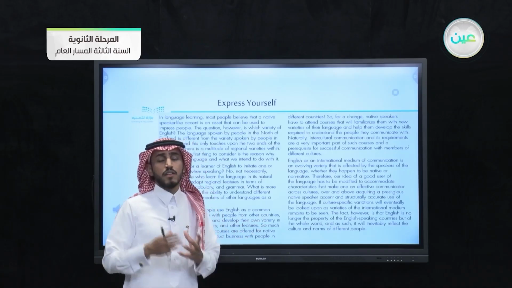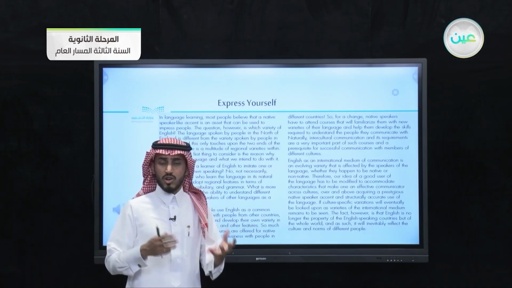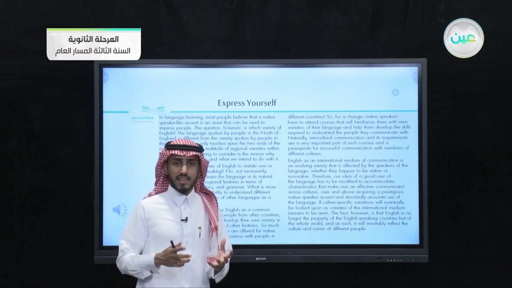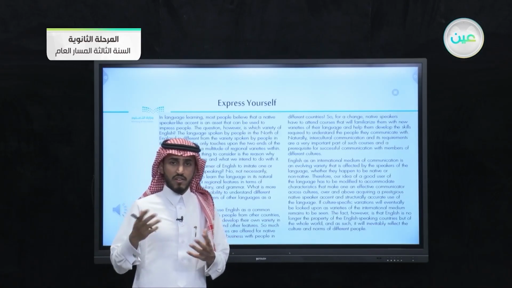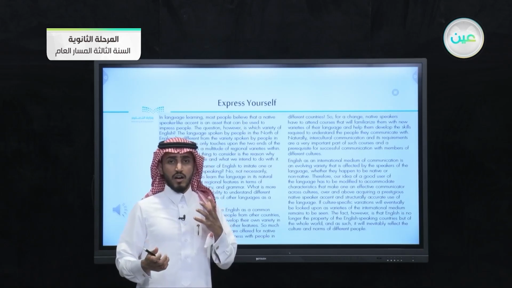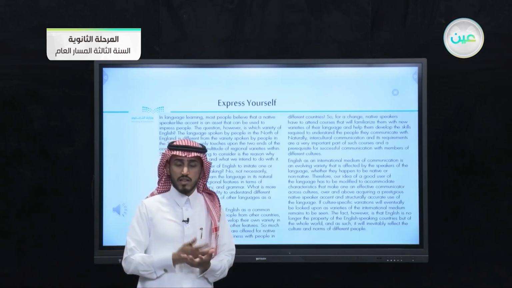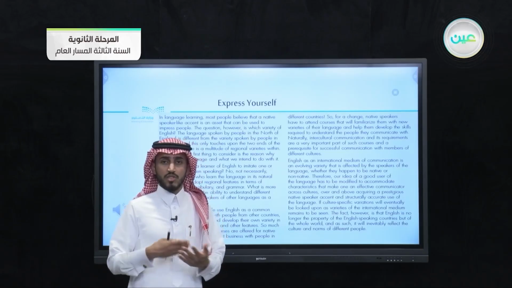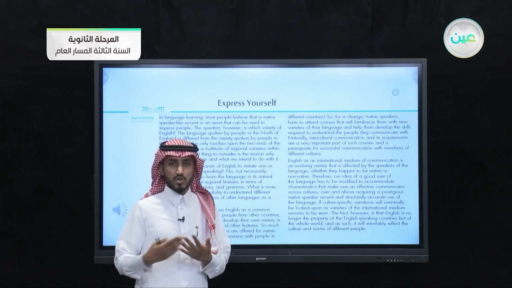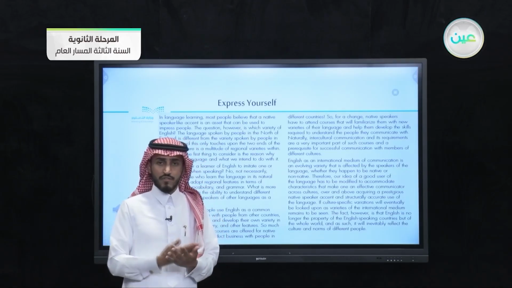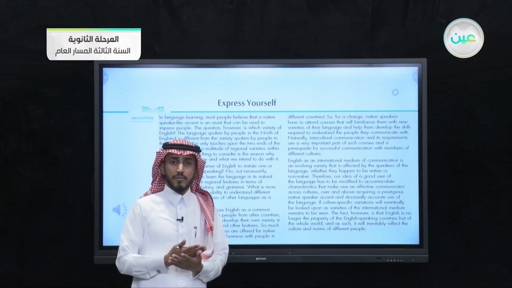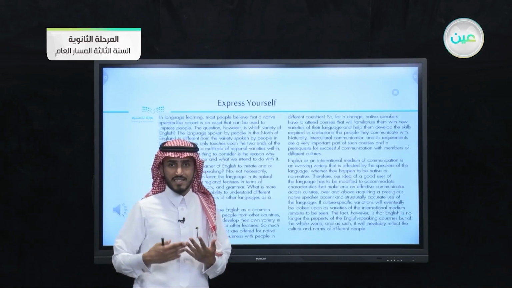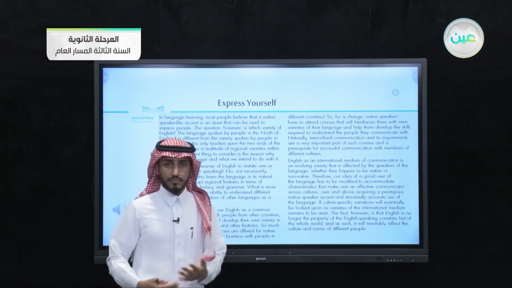Here in the essay, the author wanted to talk about the differences between the accents and how important it is to have a variety, and how some English speakers learn to communicate with other people who speak English as a second or as a foreign language, and learn to understand the people who speak the language as a second language.